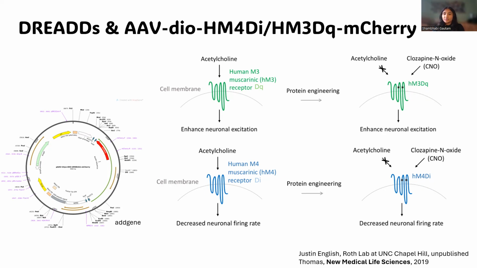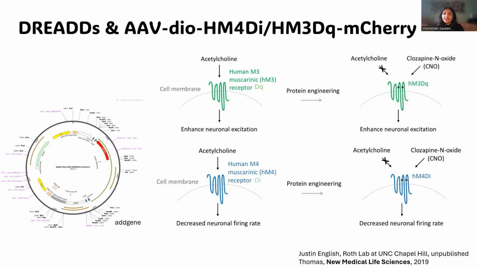In this case, we use hM3Dq and hM4Di DREADs for this experiment, which are modified forms of the human M3 or M4 muscarinic receptors, respectively, and CNO as a synthetic ligand as it can cross the blood-brain barrier.